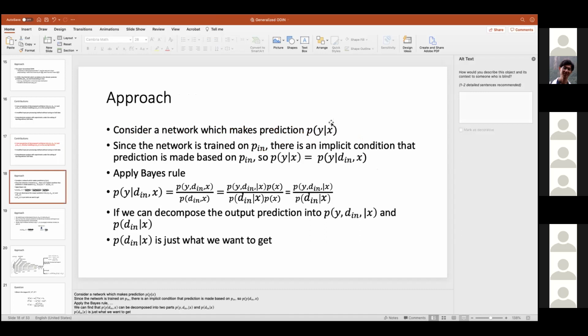Given an input, we produce a probability vector for it belonging to different classes. Since the network is only trained on in-distribution data, there is an implicit condition that the prediction is made based on the in-distribution set. So actually, p(y | x) is equal to p(y | D_in, x). That means x belongs to the in-distribution.